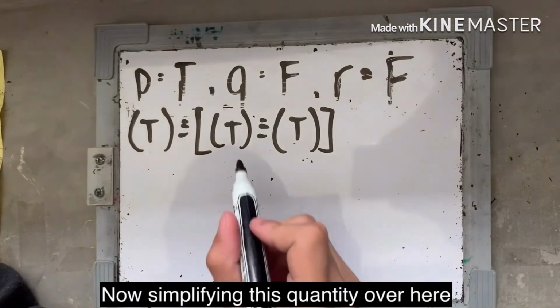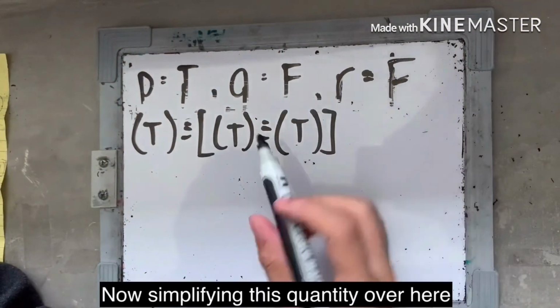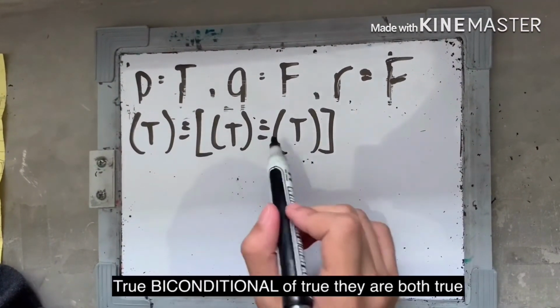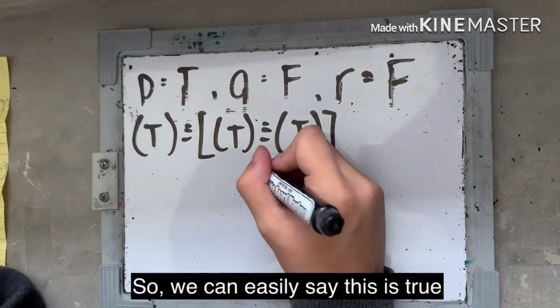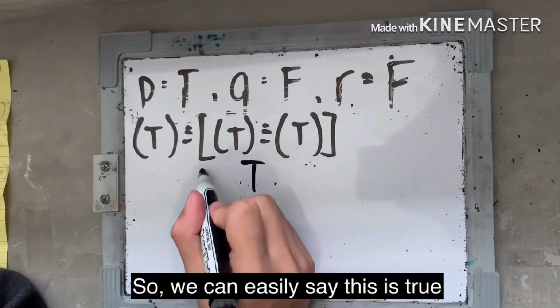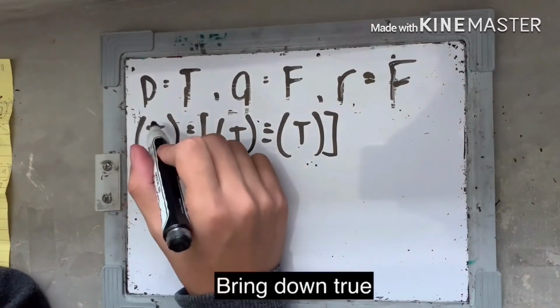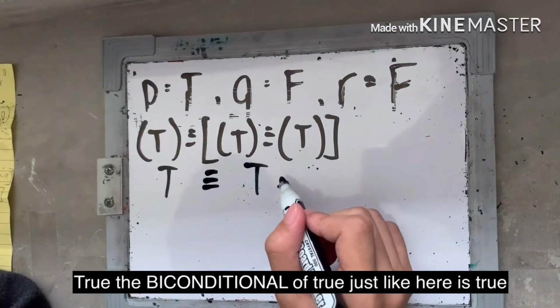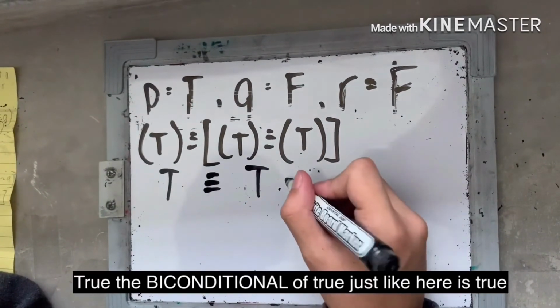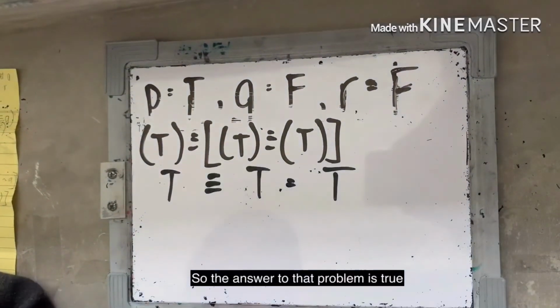Now simplifying this quantity over here. True biconditional of true, they are both true, so we can easily say that this is true. Now bringing back true biconditional of true, just like here, is true. So the answer to that problem is true.